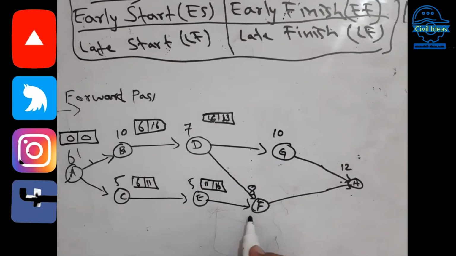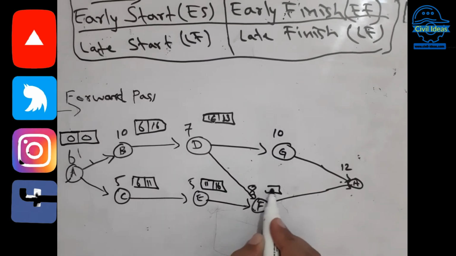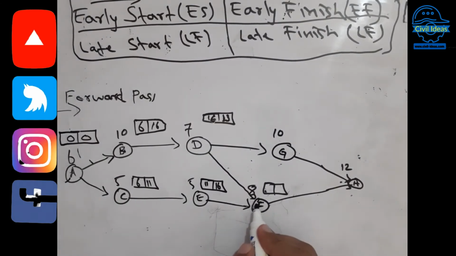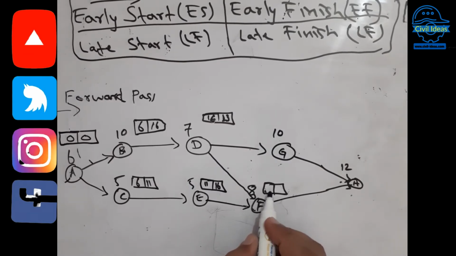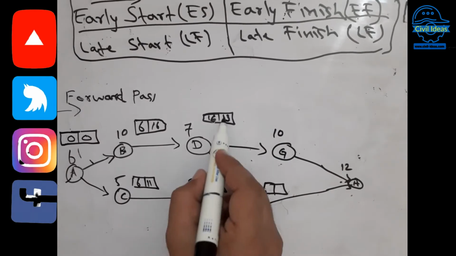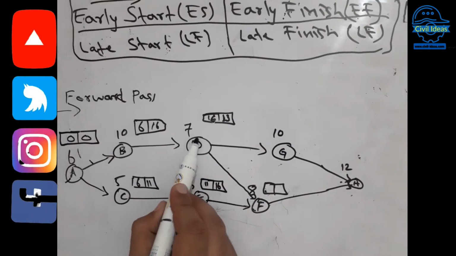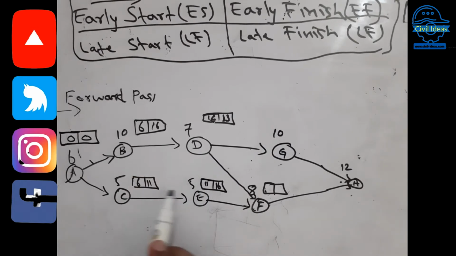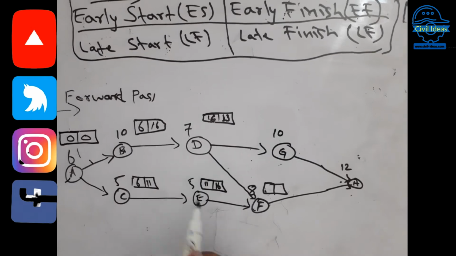And now for activity F, I have to make it bigger, so that now activity F will take 8 days. Which one will we take here? You have to take the maximum of the early finish times of these two values. Here we take the early finish time of B, here the early finish time of C, but there are two activities before F, so we have to take the maximum.